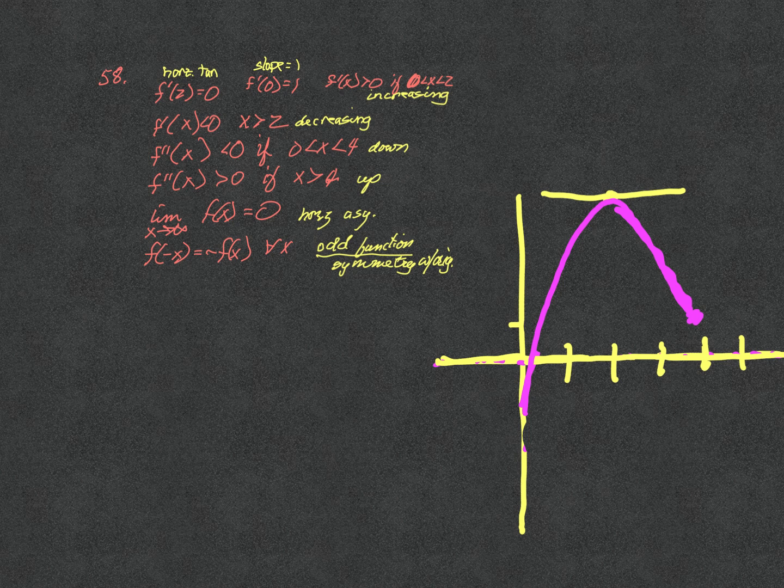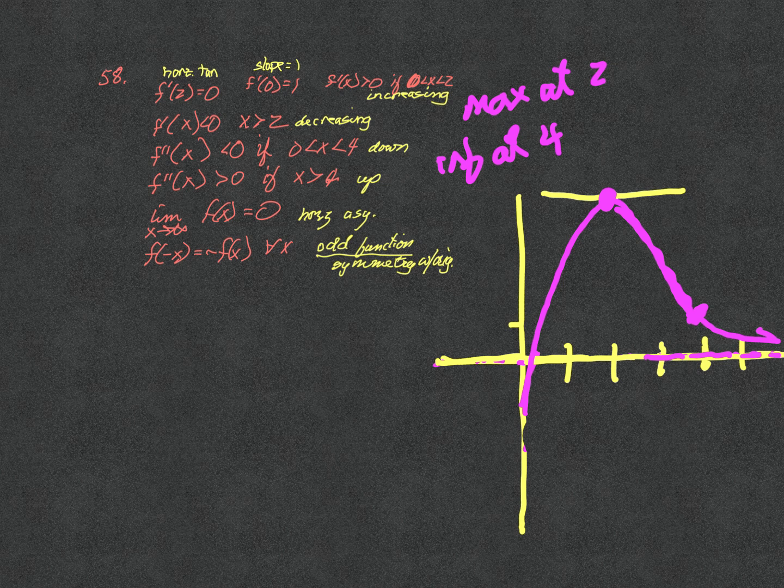So this is an inflection point at 4. So this tells me inflection at 4, and maximum at 2. At x equals 2, we have a maximum. At x equals 4, we have an inflection. And then we had a horizontal asymptote, so it gets close to the horizontal asymptote.